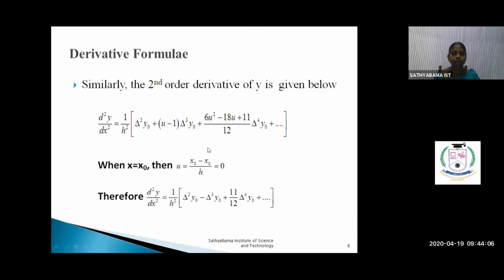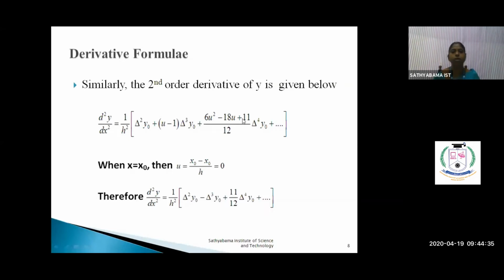So when u equal to 0, the second order derivative is d square y by dx square equals 1 by h square. Put u equal to 0 wherever you have it in this equation. It becomes delta square y naught minus 1 into delta cube y naught plus 11 by 12 into delta power 4 y naught plus so on.